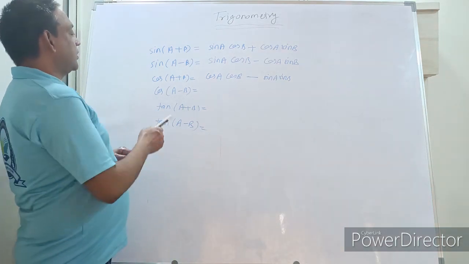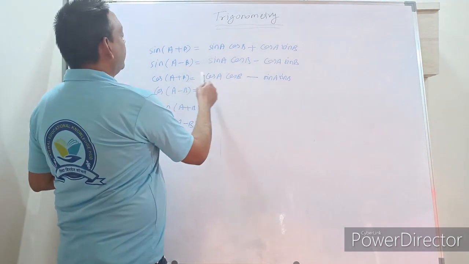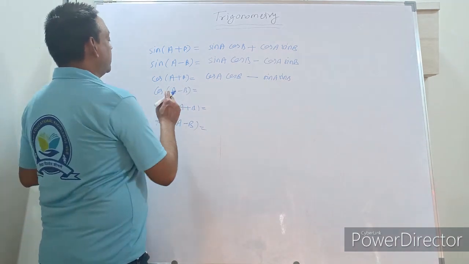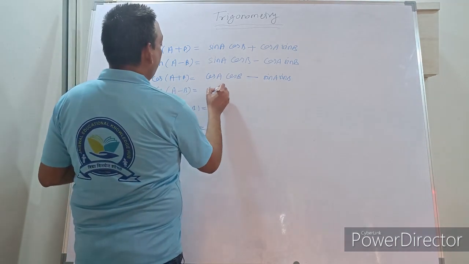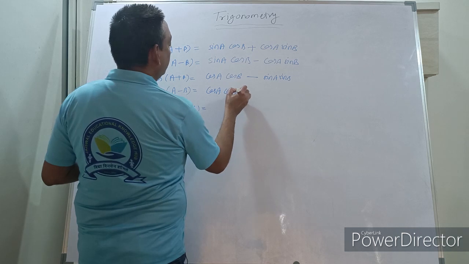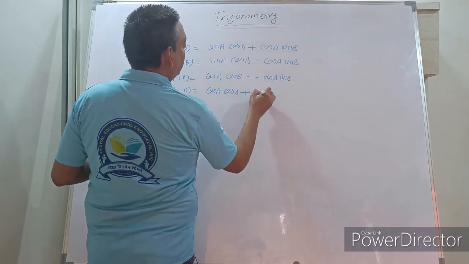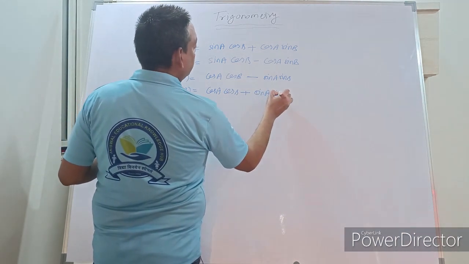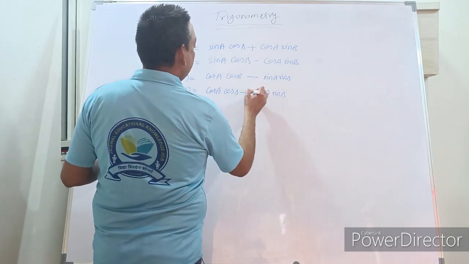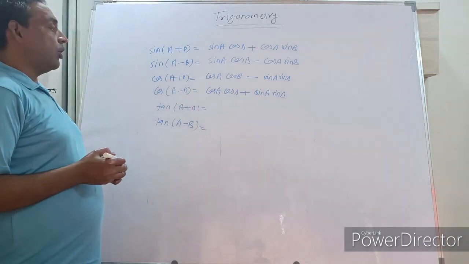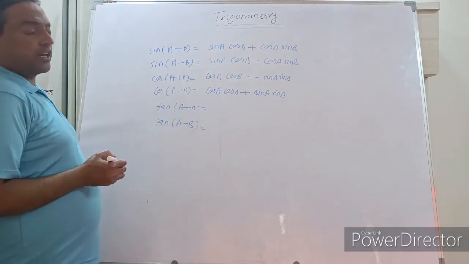So in cos, both together, the sign is opposite. Now if it is minus, it will be cos a cos b plus sin a sin b.